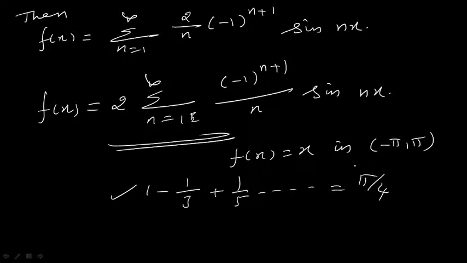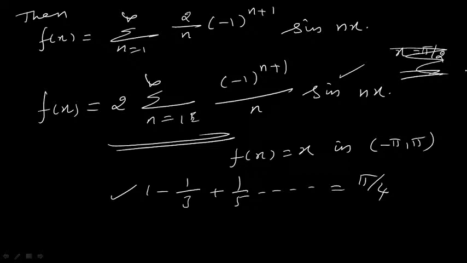As I told you already, in most of the cases, sine series is obtained by putting x equal to pi by 2. So take your first choice as x equal to pi by 2, then go for the next choice. Most of the problems in Fourier series, sine related series, are obtained by substituting x equal to pi by 2.